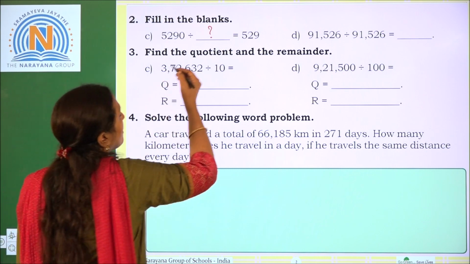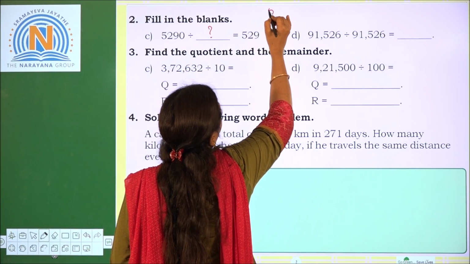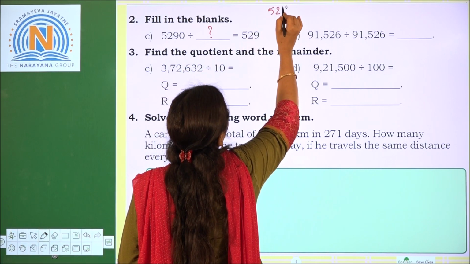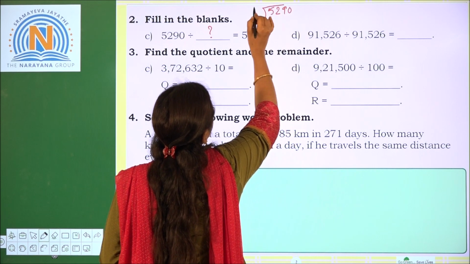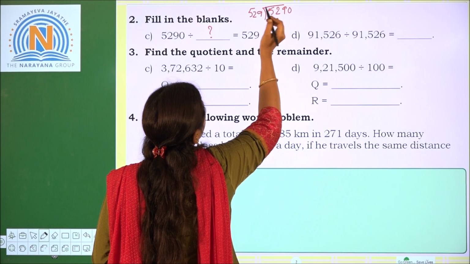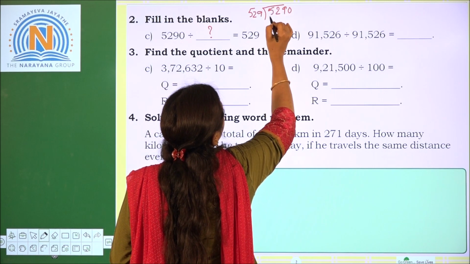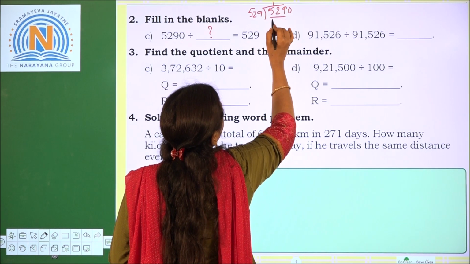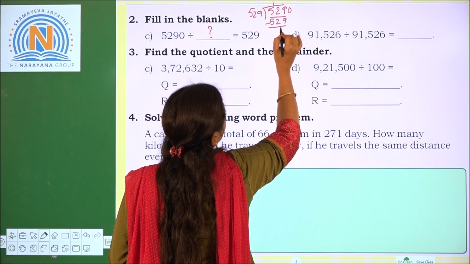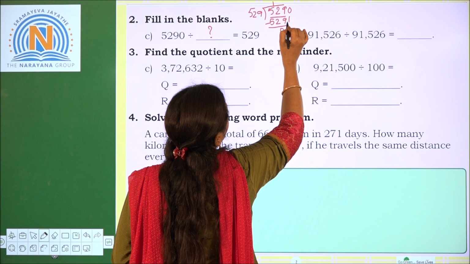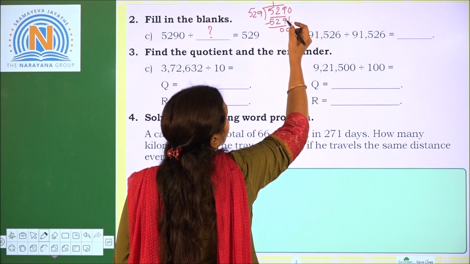Okay, children? So here 5,290 is divided by 529. One time we can take 529, you will get subtract 0. Now we have the 0 here, we have to bring down 0.